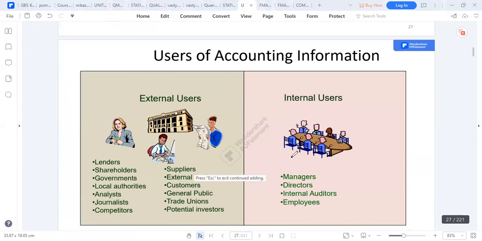The internal users are people who are working within the system: managers, directors, internal auditors, and employees. On the external side, we have the lenders, shareholders, government, local authorities, analysts, journalists, suppliers, external auditors, customers, the general public, trade unions, and potential investors.